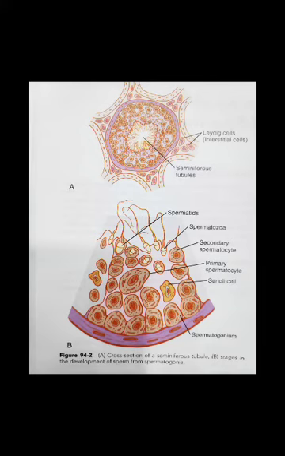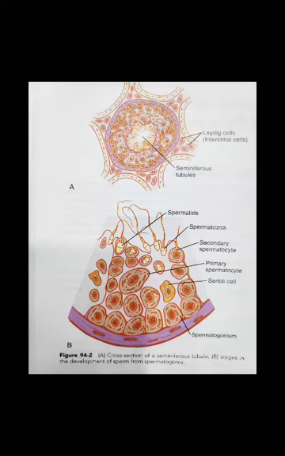So basically the primordial germ cells settle in the periphery of this tubule, and are called spermatogonia, or spermatogonium in the singular. You can see in the figure also. So these spermatogonia, as and when they get activated, start the process called spermatogenesis.